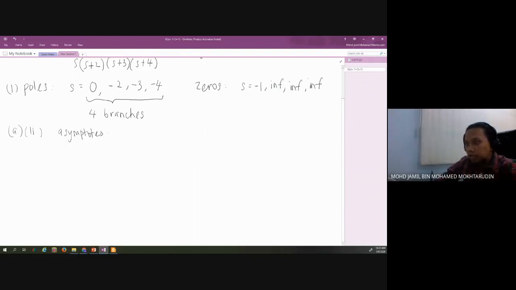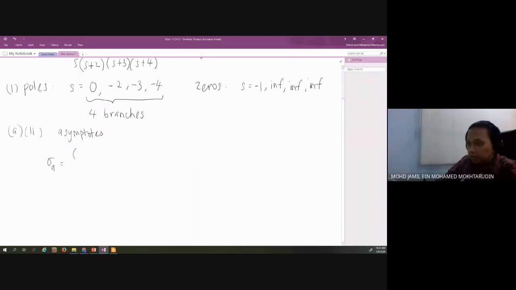First we need to determine the real axis value of the asymptote. Real axis value equals the sum of poles minus the sum of zeros, divided by number of poles minus number of zeros.